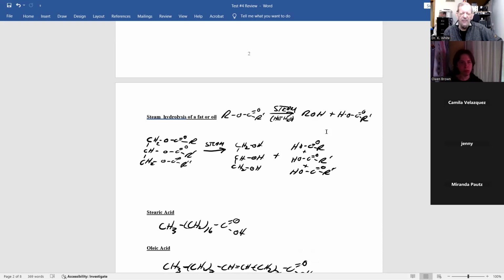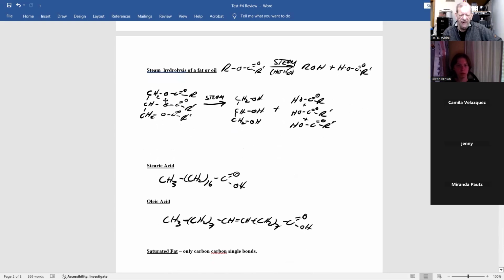So the reaction products for steam hydrolysis of fat or oil are the same as acid hydrolysis. You get back the alcohol plus the carboxylic acid you would have used to make that ester. Here we have our three esters, we get glycerin again, and we get these three carboxylic acids.